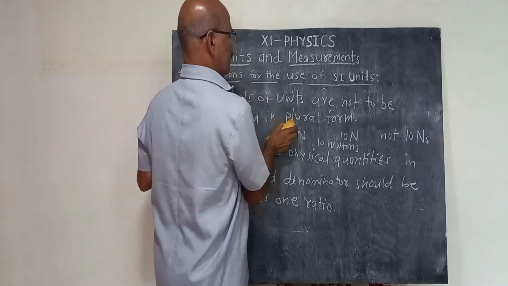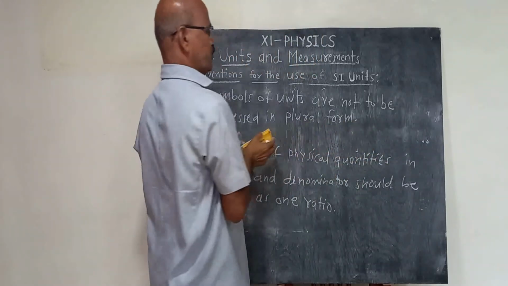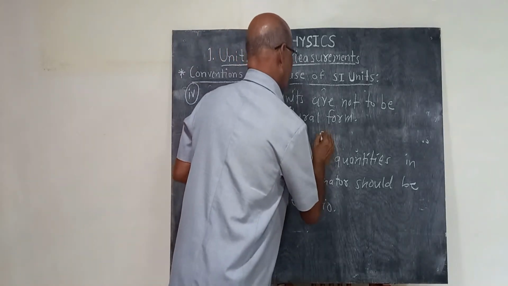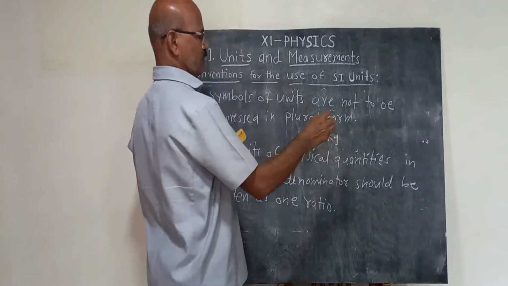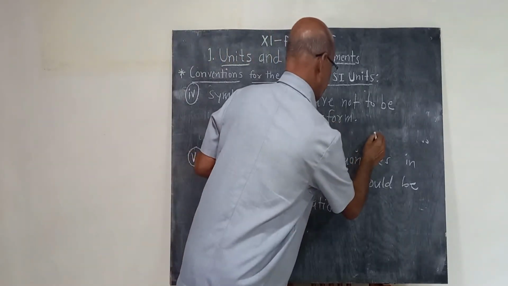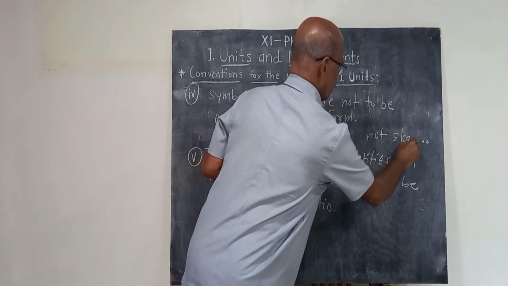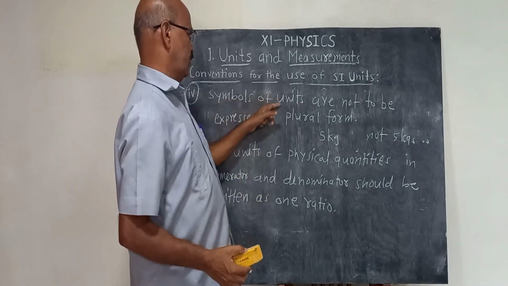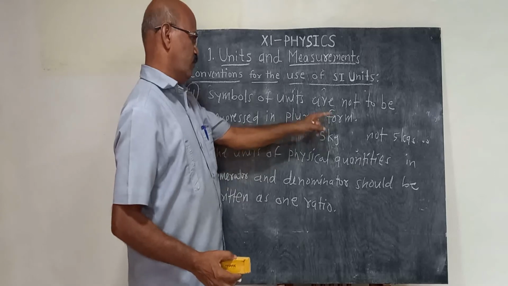Another example: the mass of an object is 5 kilogram, written like this, 5 kg, and not 5 kgs or 5 kilograms. So symbols of units are not to be expressed in plural form.